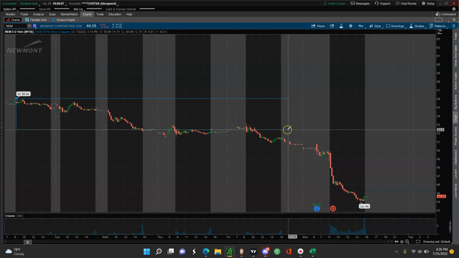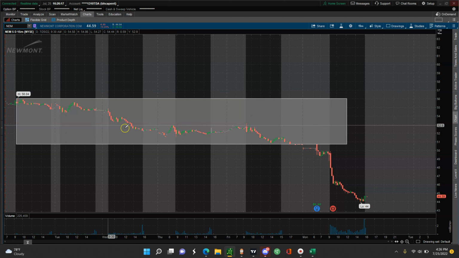And the range coming into today was roughly 56 on down to about 50. So about a 6 point range, right? Coming into today's session.